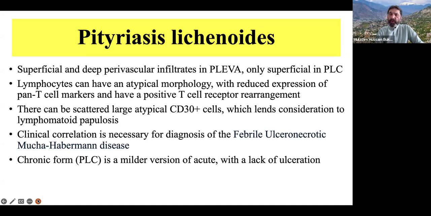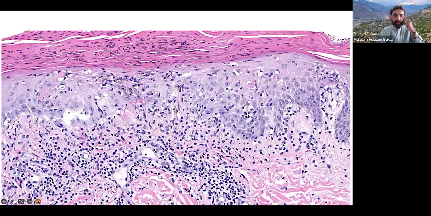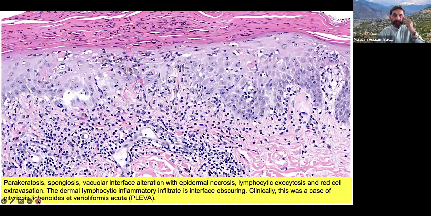If there are few, one or two mitoses, then they are exocytosis of lymphocytes. Usually these are T lymphocytes, and atypical CD3 can be reactive. These are not actually atypical, but they look atypical. So this is another picture, parakeratosis, spongiosis, that we have already discussed in detail.